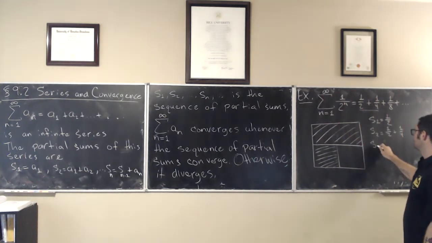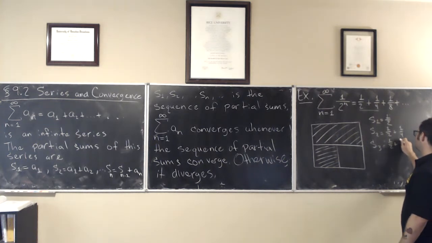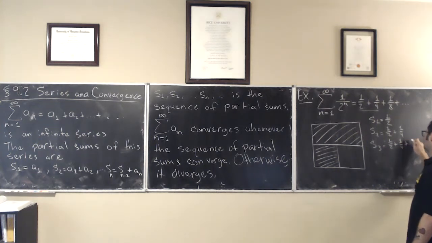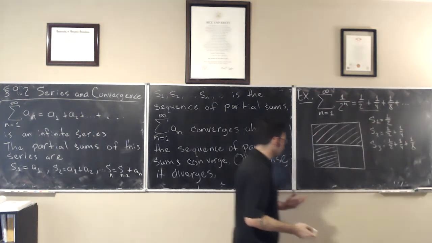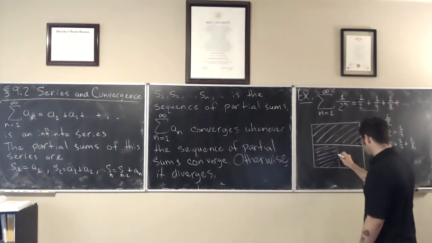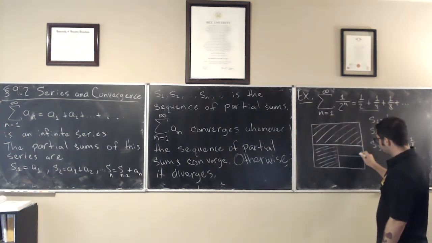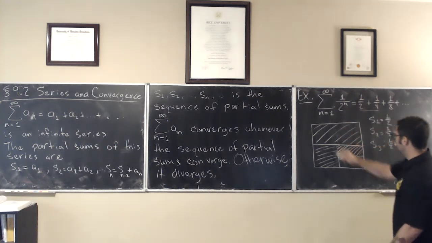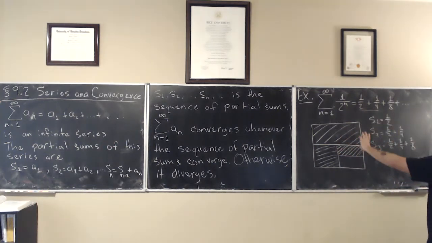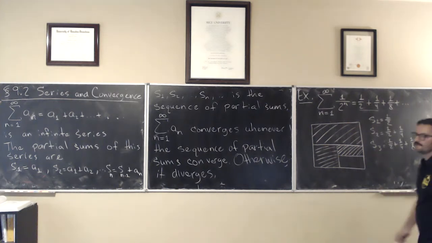What about S3? Well, that's a half plus a fourth plus an eighth. An eighth is half of a fourth, so we just cut this fourth in half. This area shown here would be S3.